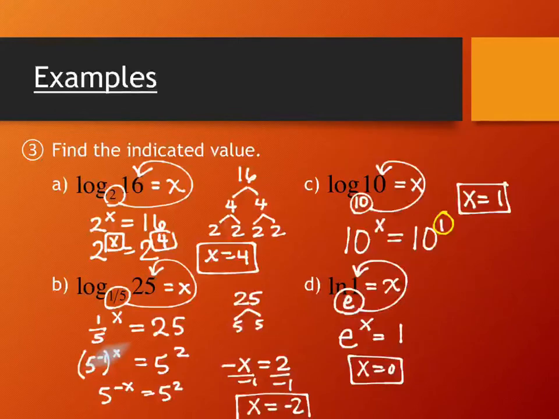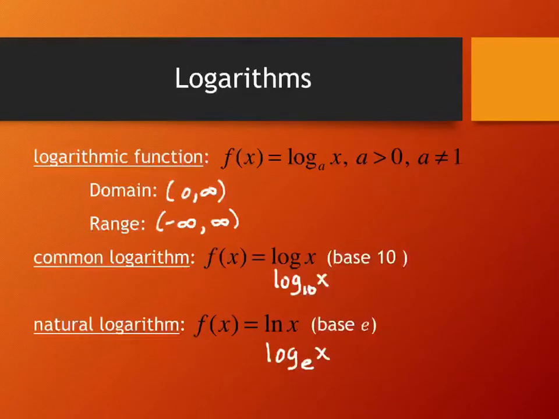If there's no number here, we know it's a number 1. So this happens back here where we talked about it. Anytime you see log with no base listed, it is base 10. And anytime you see ln, it means log base e. They're just used commonly enough that they have another form in which to write them. Is that good? Yeah. Okay.